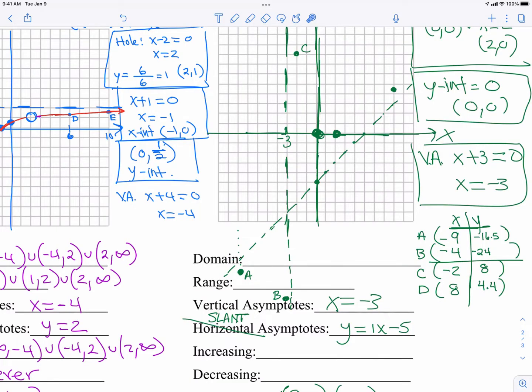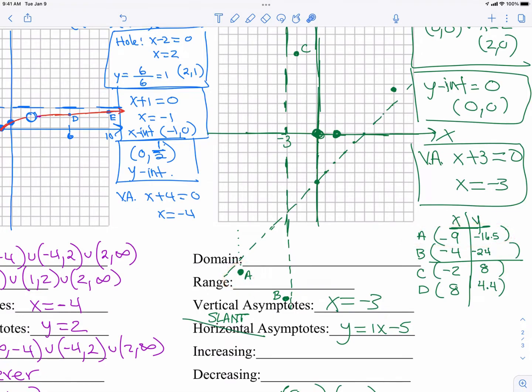Now, as far as my points go, I wanted to find out what's happening on the left side of my vertical asymptote. So what's happening on the left side of negative 3? So I picked negative 9 and negative 4. The y values are negative 16.5 and also negative 24. So point A is negative 9 comma negative 16, which is here.